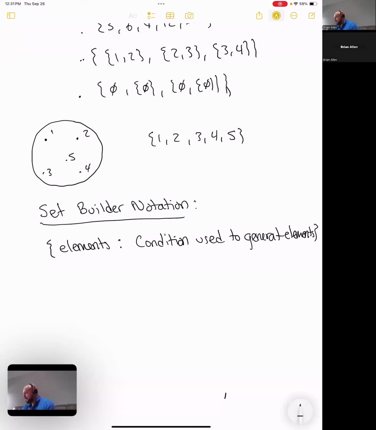But really, you need some examples to see what I'm talking about. So here's an example. I might say the set of all elements 2n, where n is a natural number. Or I could say the set of all elements of the form 2n plus 1, where again n is a natural number.